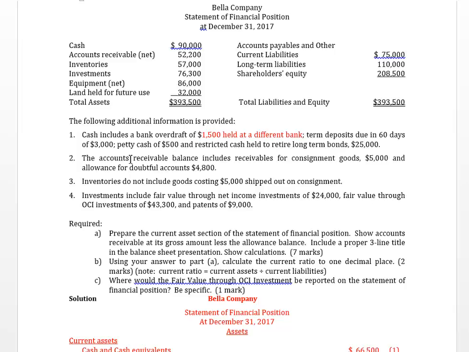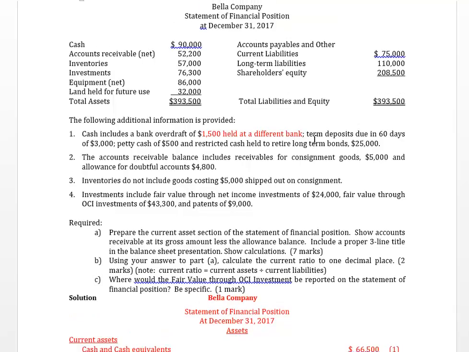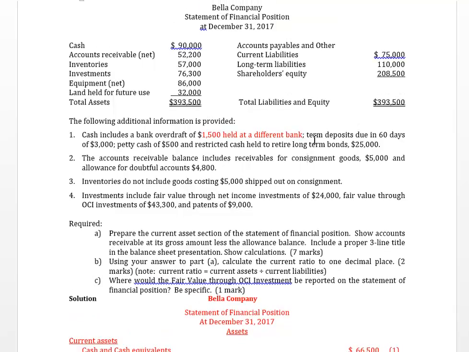Now, let's look at the next account, or next piece of additional information. It said the accounts receivable balance, which is this guy here at 52.2, includes receivables for consignment goods. Well, we spent some time talking about the fact that consignment goods, because we don't know how much money we can expect to receive until our dealer sells them, we can't include those consignment goods or any receivable on consignment goods.